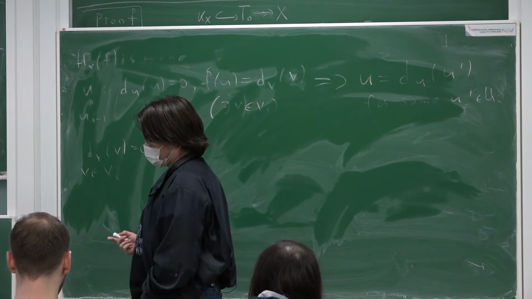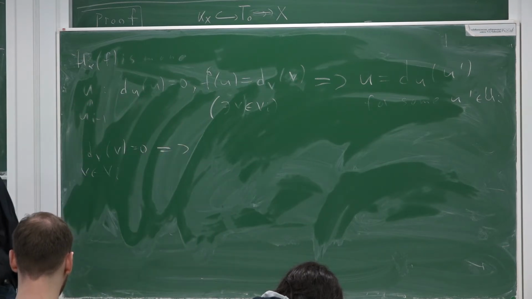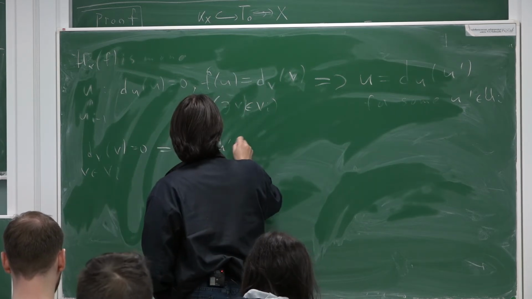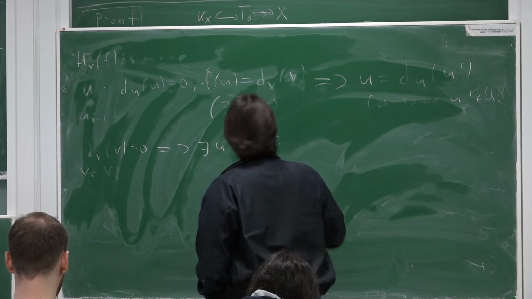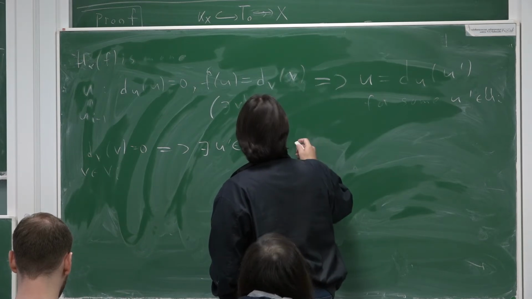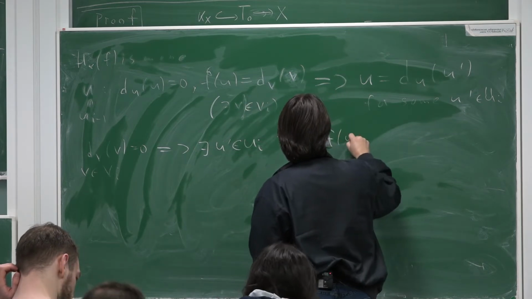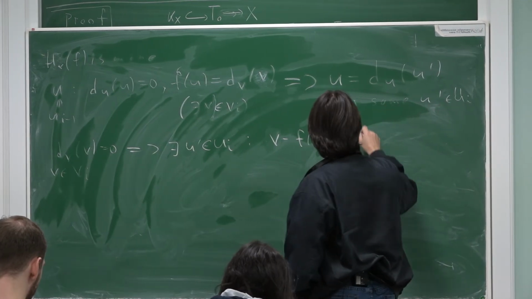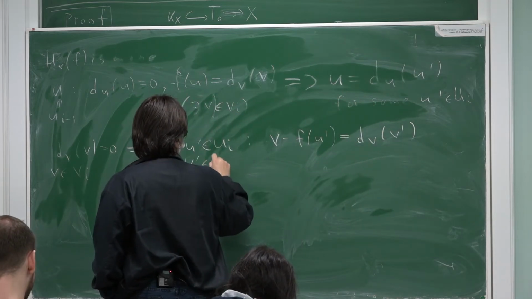So it has to be an image of some element from U. So in this case, there is u prime from U_i such that f of v minus f of u prime is 0 in homology, so it is equal to dv of v prime. So this is also v prime from V_{i+1}.